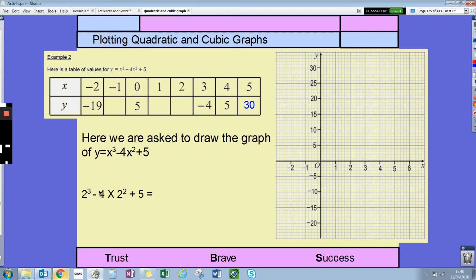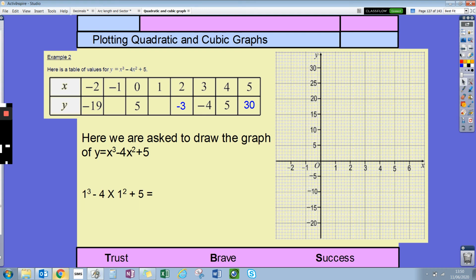And then this bit here, 2 squared is 4, times 4 is 16. So we've got 8, take away 16, plus 5. 8 take away 16, add 5 is minus 3. 8 take away 16 is negative 8, add on 5, sorry, so we're getting less negative, is minus 3.